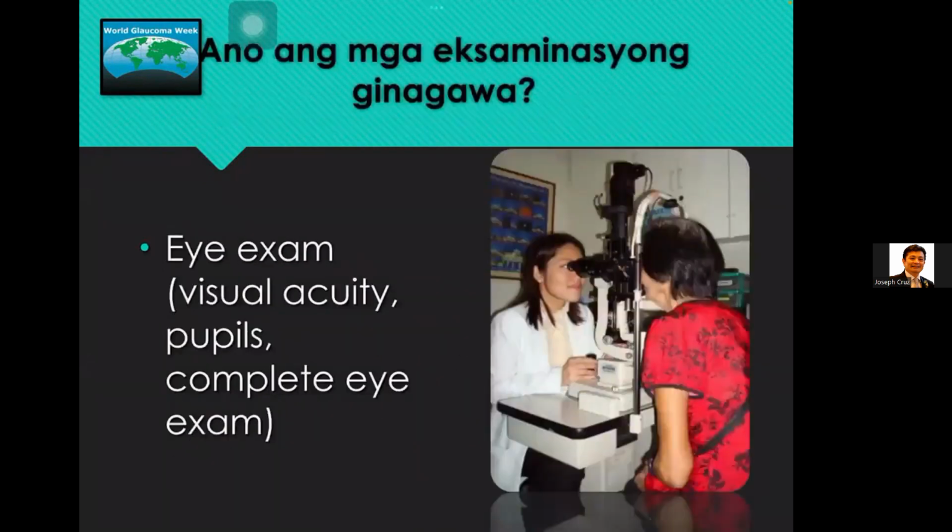So these are the number of things that we can do in the Vision Laser Eye Center. We can check your vision, of course, and do a complete eye examination. Here we have the specialized microscope to which we can view the microscopic structures of the eye.